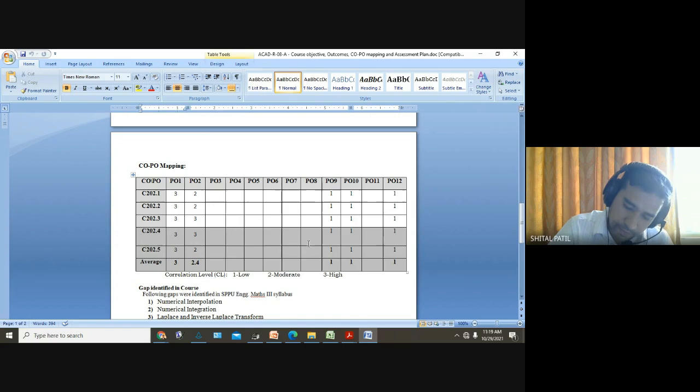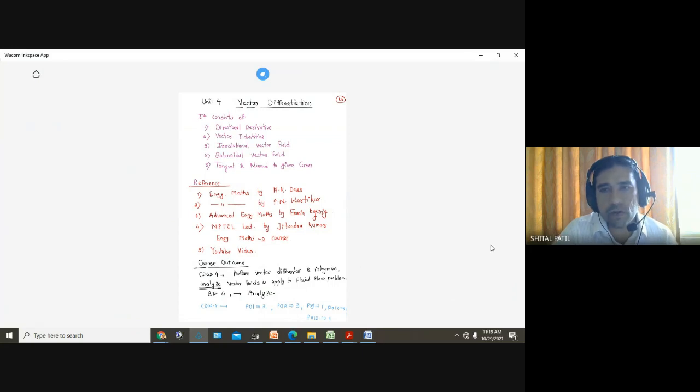This is the mapping. Hope all these things are clear.